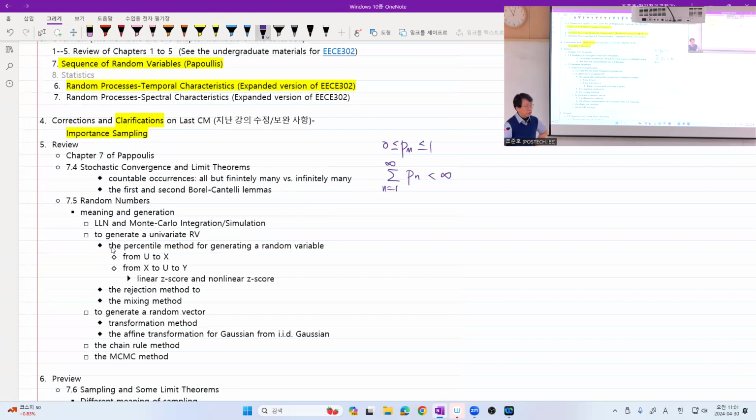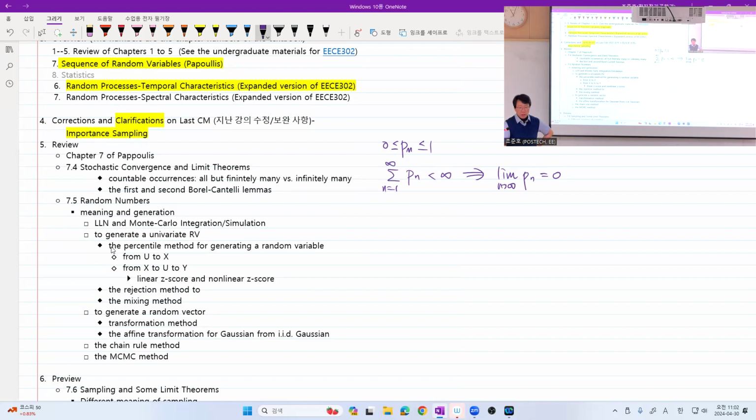Then what can you say? If you consider the partial sum of these terms, then the limit of p sub n as n tends to infinity converges to 0. It's obvious. You learned it in high school math and proved it several times.